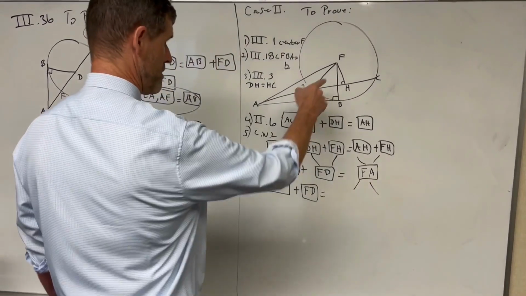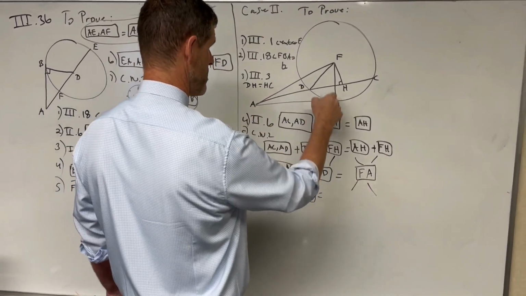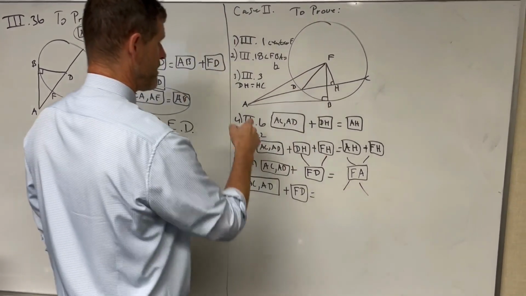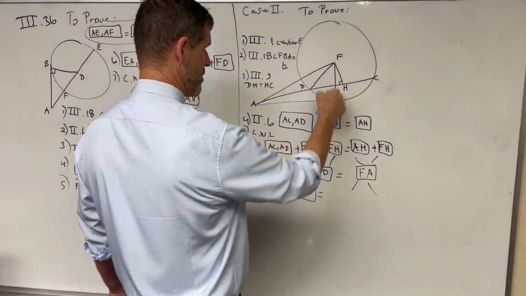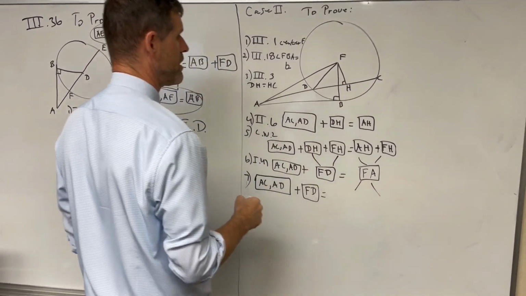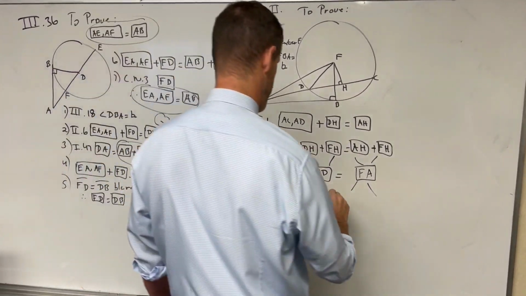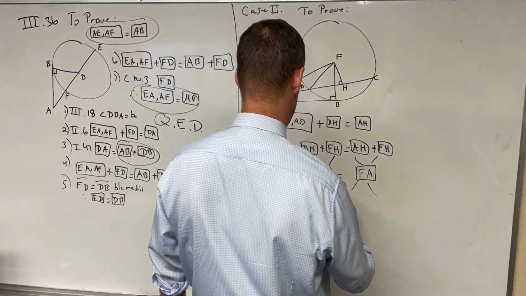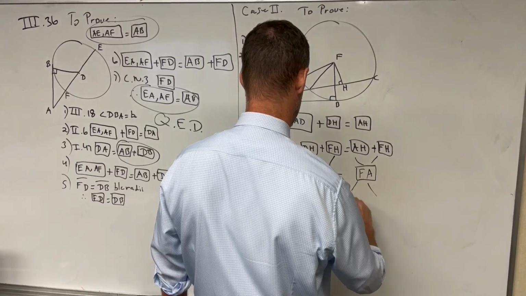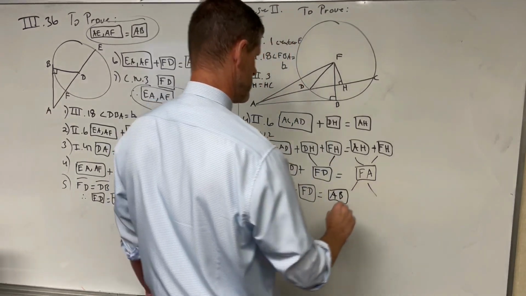We know that if you look at the right triangle ABF, therefore the squares on AB plus the square on FB, I should say, will equal the square on AF. Or we can have AB squared plus FB squared.